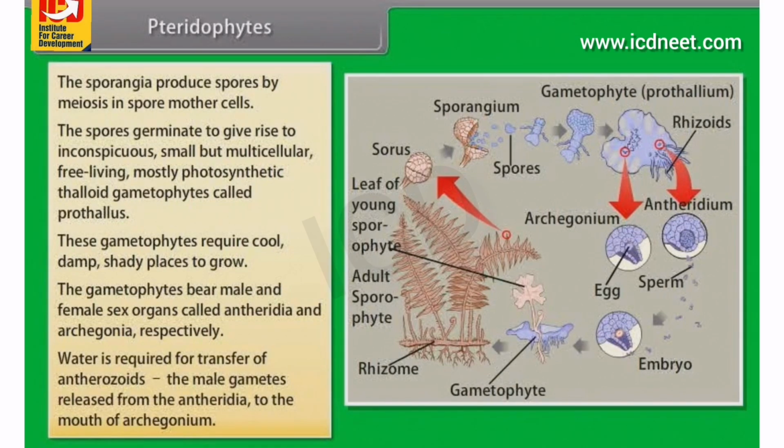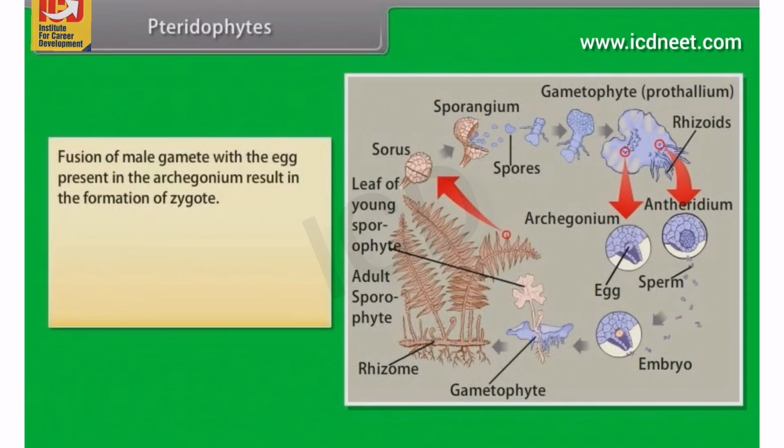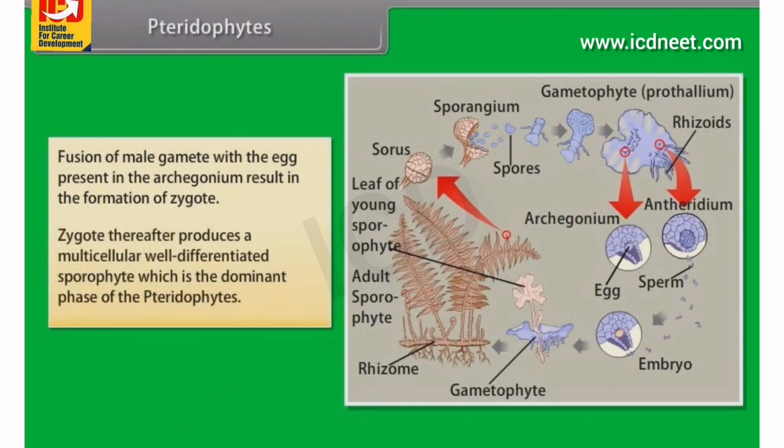Water is required for transfer of antherozoids. The male gametes are released from the antheridia to the mouth of the archegonium. Fusion of the male gamete with the egg present in the archegonium results in the formation of the zygote. The zygote thereafter produces a multicellular, well-differentiated sporophyte, which is the dominant phase of the pteridophytes.